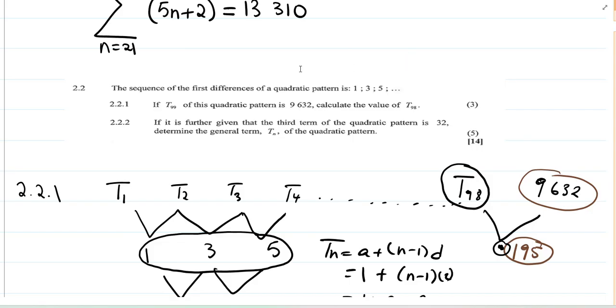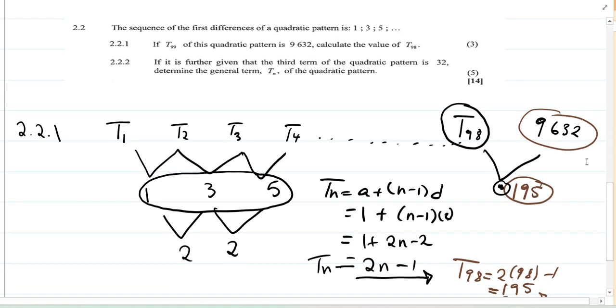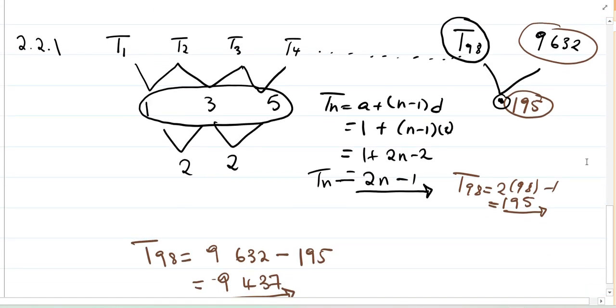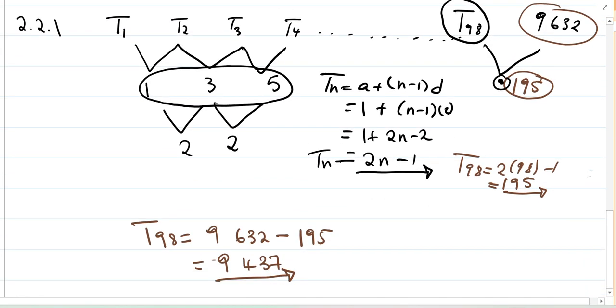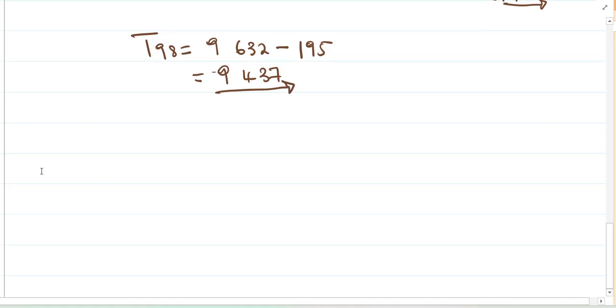Now question 2.2 says if it is further given that the third term of the quadratic pattern is 32, determine the general term of this pattern. In other words, determine Tn of this quadratic pattern. As we have already done, let's expand it once more.